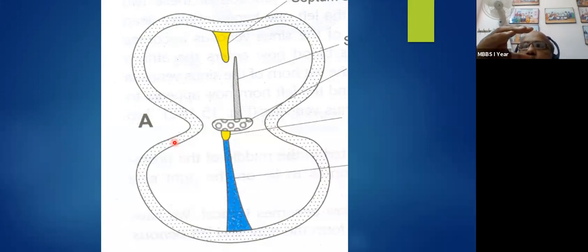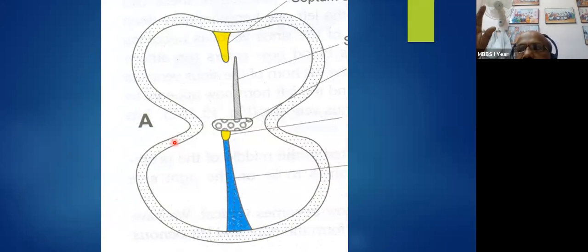Now opposite to the attachment of these semilunar valves, you will be having dilatation in the wall of aorta. That dilatation is called as aortic sinus. So corresponding to the semilunar valves, you will be having aortic sinuses, one anterior, two posterior.